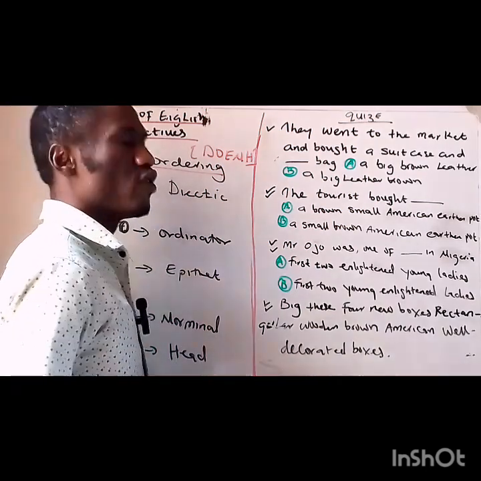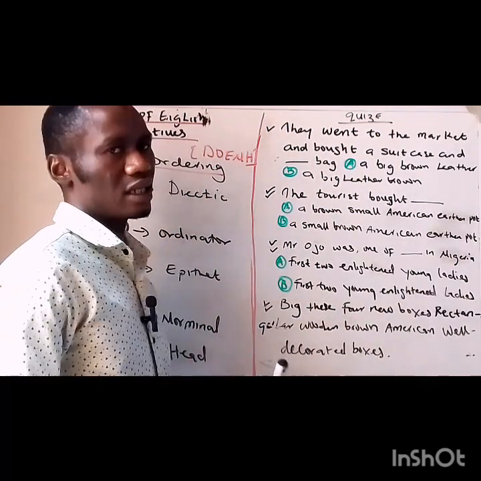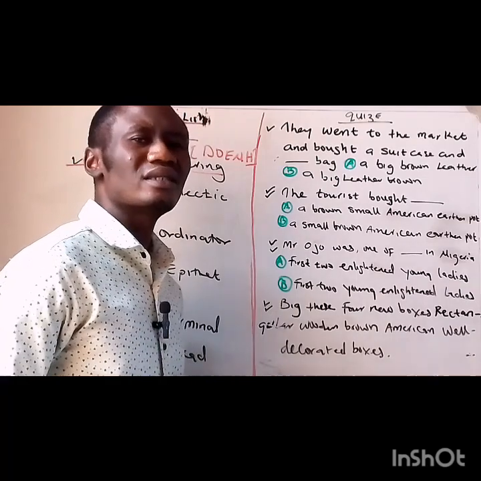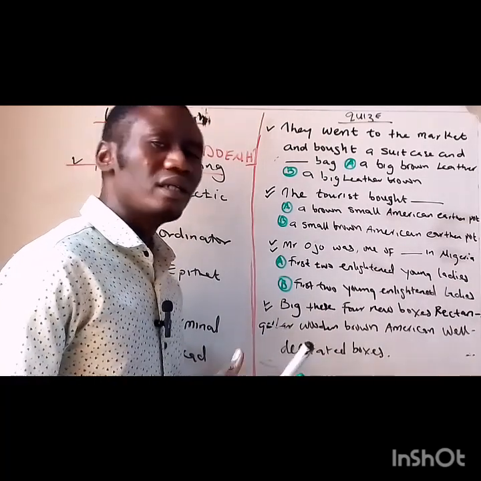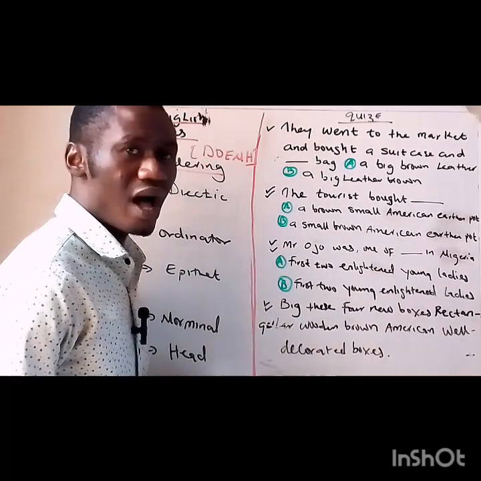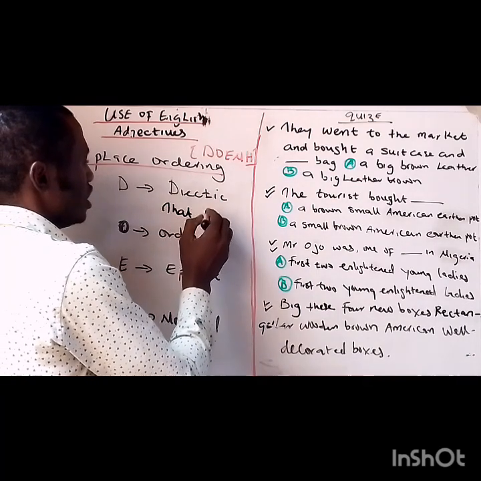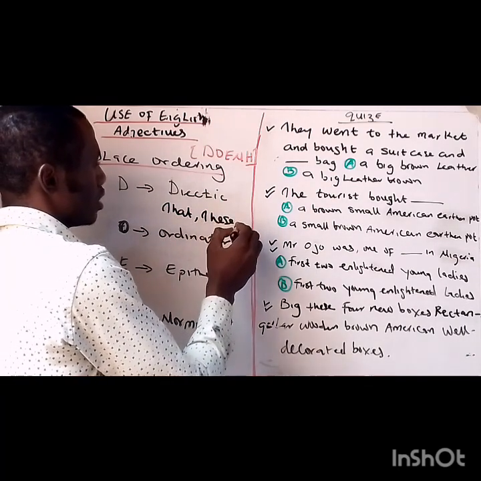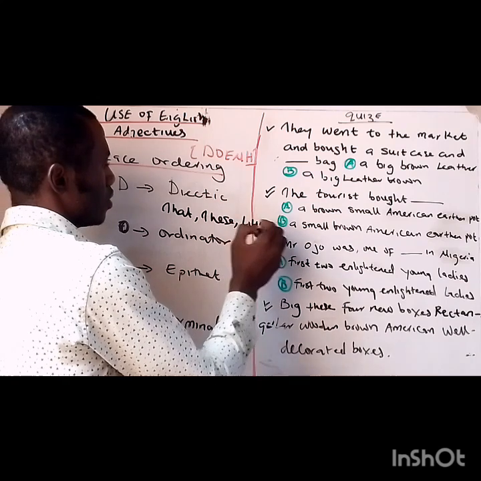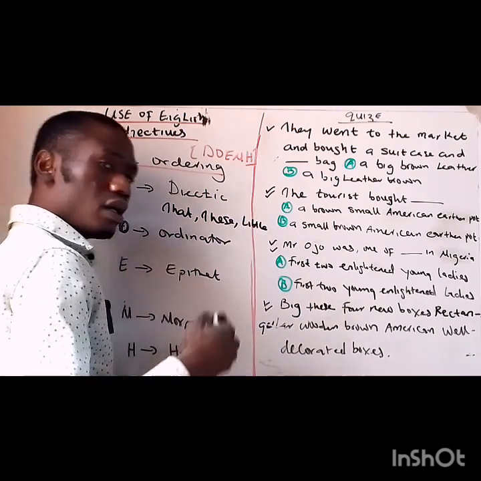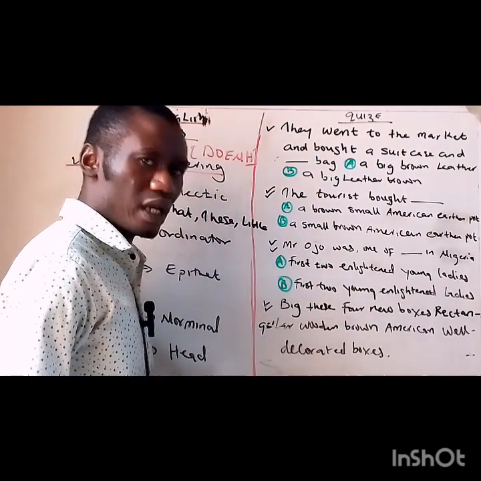Now, let's explain the first one, the deictic. This is known as the determinant. Determinant words are that, this, little, and so on and so forth, a lot.